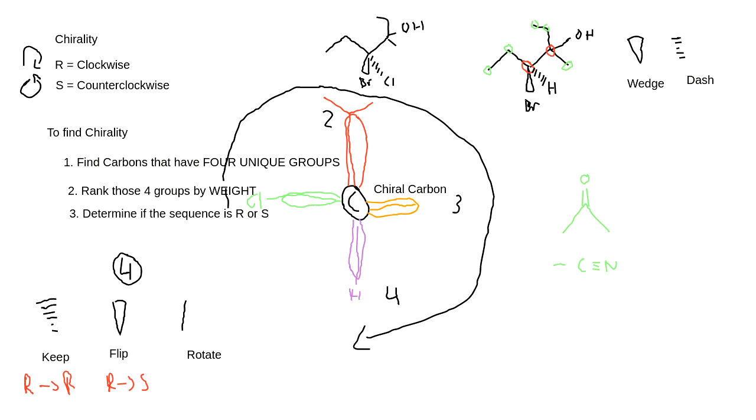You have to rotate your structure until you get your fourth group on a dash or a wedge. If you rotate and it ends up on a wedge, you flip. If it ends up on a dash, you keep it. I know that's confusing right now, which is why I'll do an example. Anytime they ask for chirality, they're asking to label R or S onto specific chiral carbons.